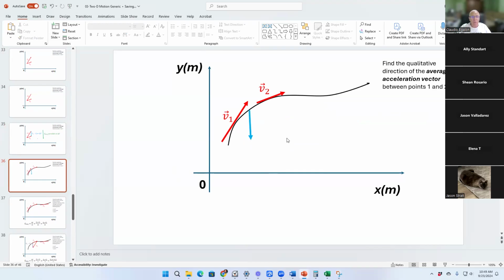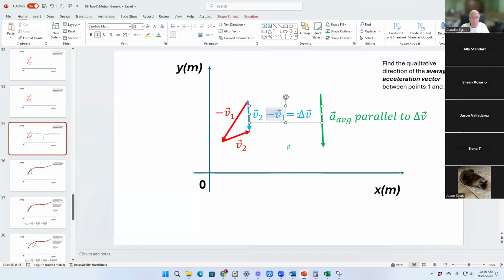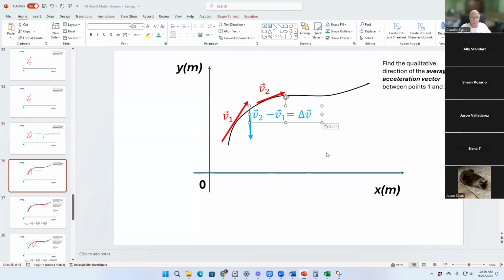You should note that this vector is pointing towards the center of this concavity. This is no coincidence whatsoever. I'm gonna copy it here and place it right here.